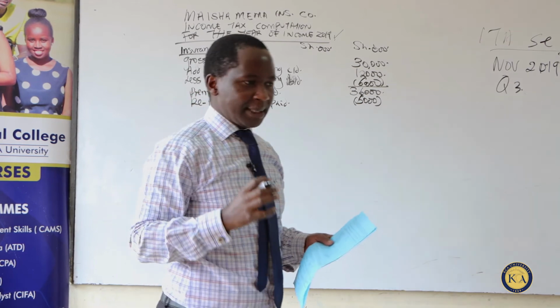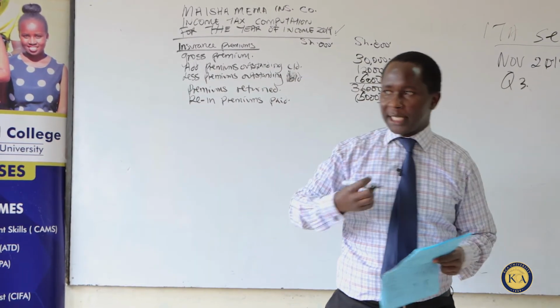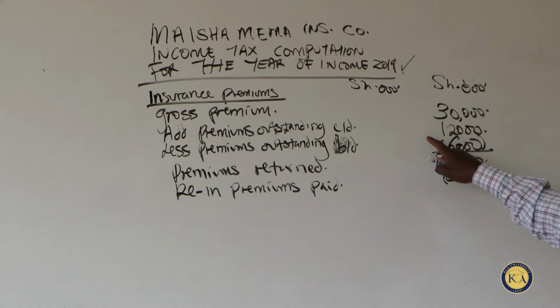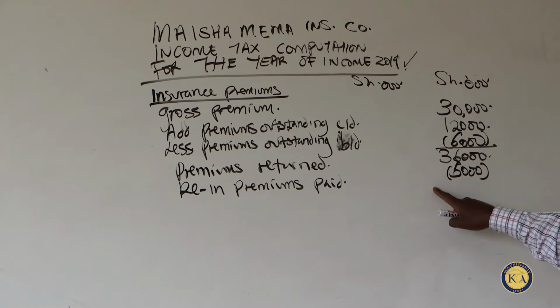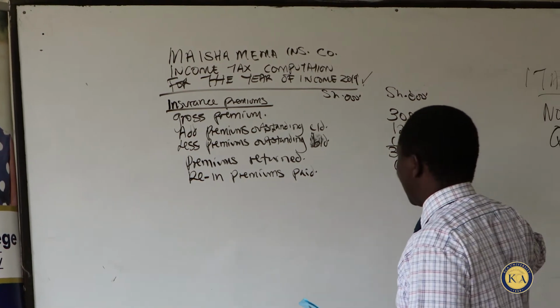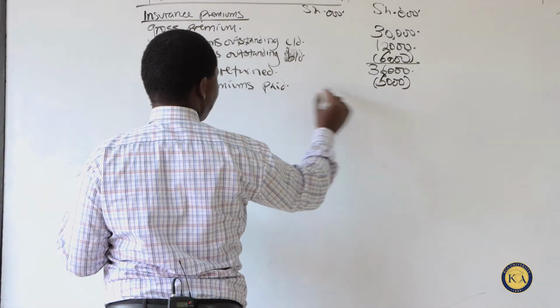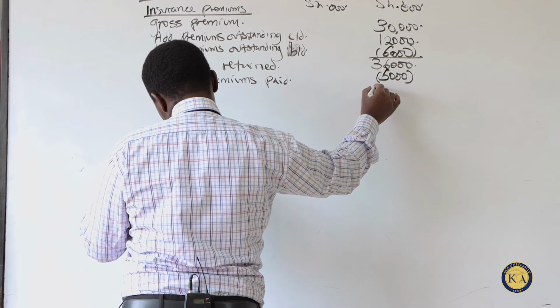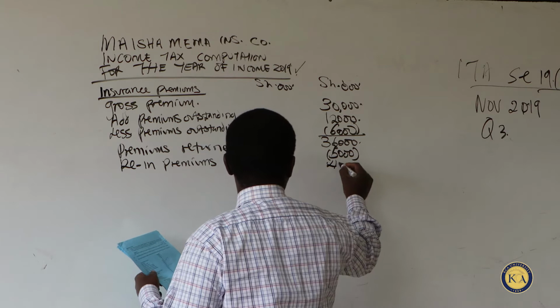Remember, in insurance business, from the concept of insurance, an insurance company has to be reinsured. It means that when they receive the insurance income from their clients, they have to pay part of it to the reinsurance company. And that is what we are seeing, that they are paying some reinsurance premiums. And the reinsurance premiums that they are paying amount to 4,000.